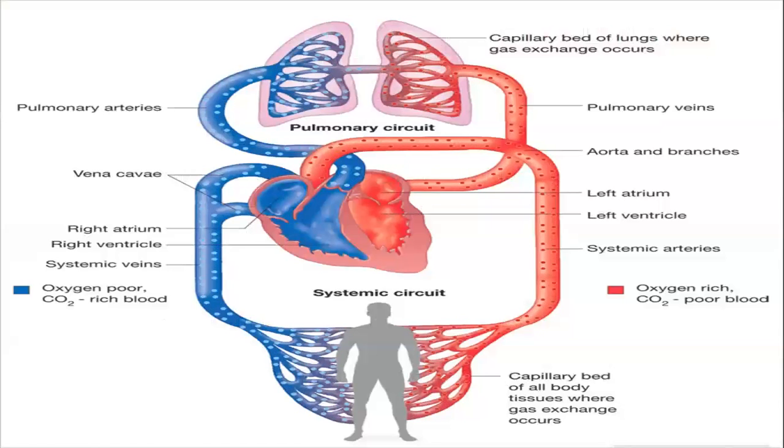And in the other side, the blood flows from the pulmonary veins to the left atrium, then to the left ventricle, then the aorta and its branches, and the capillary bed of the lungs is where gas exchange occurs. Then for our systemic circuit, systemic veins are involved on the other side, while the systemic arteries are on the right side.